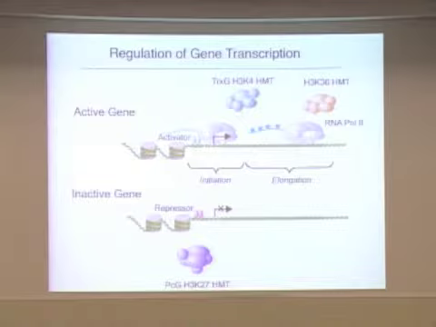And as the transcription apparatus moves further down the gene, then a Set2 domain containing histone methyltransferase modifies other residues on local nucleosomes. There are histone modifying apparatuses that are also associated with genes that are repressed.